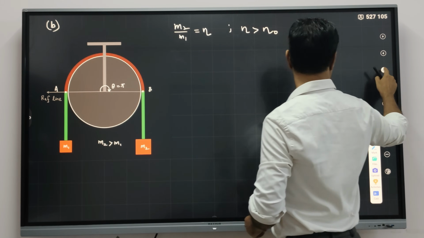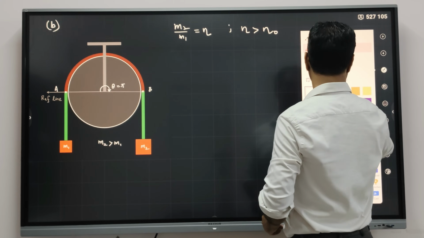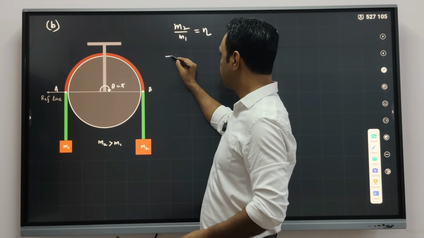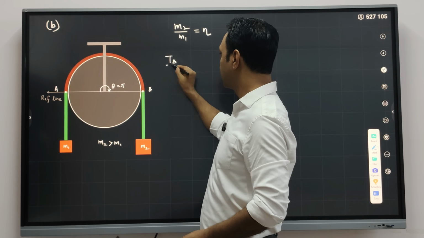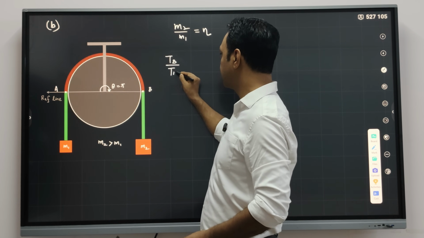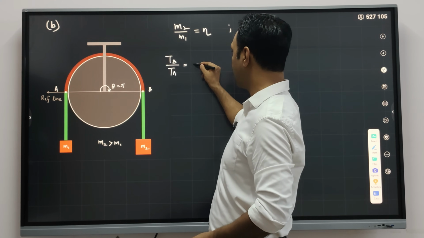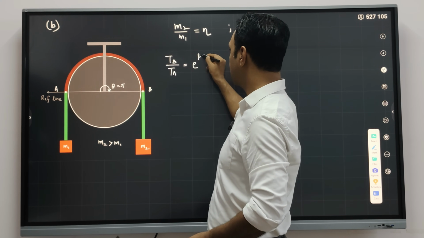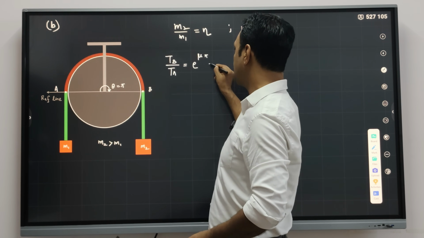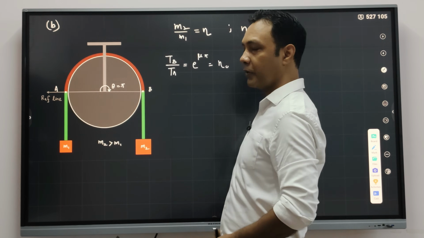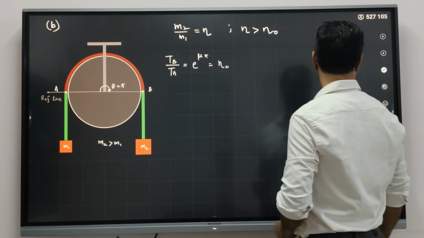So from A to B, the variation of tension would still be the same. So TB by TA would be e power mu pi, and that was equal to eta naught.